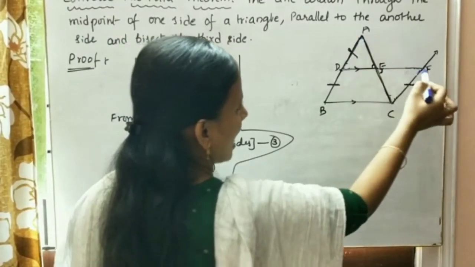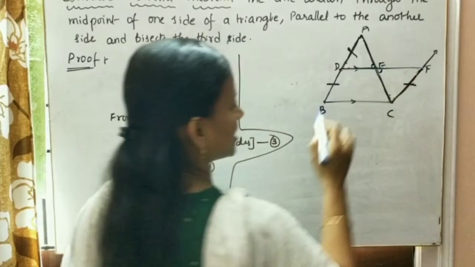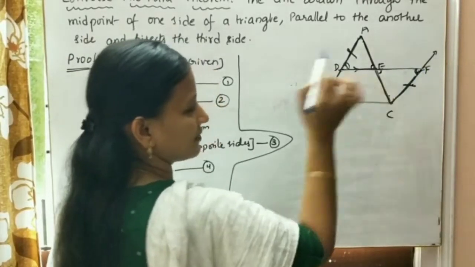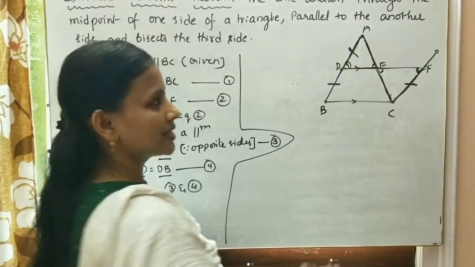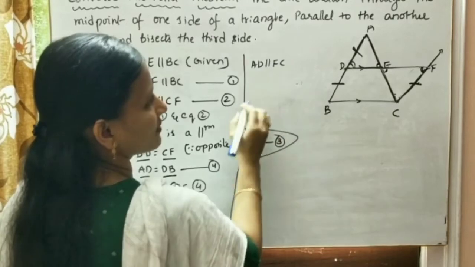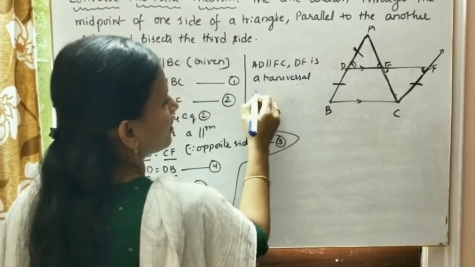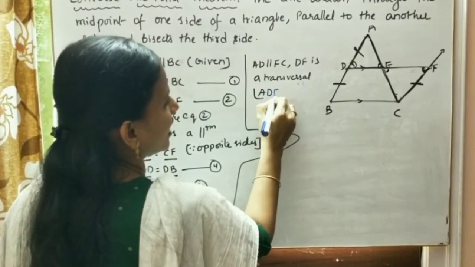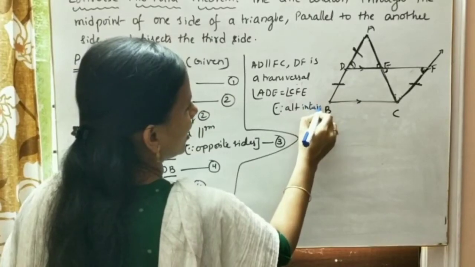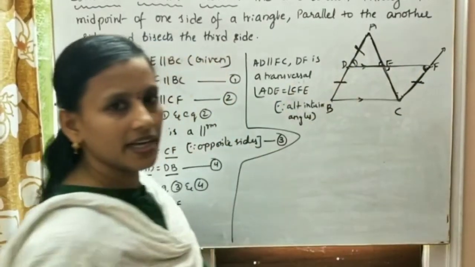And AD is parallel to FC and DF is a transversal, so alternate interior angles are equal. Then angle ADE is equal to angle CFE.